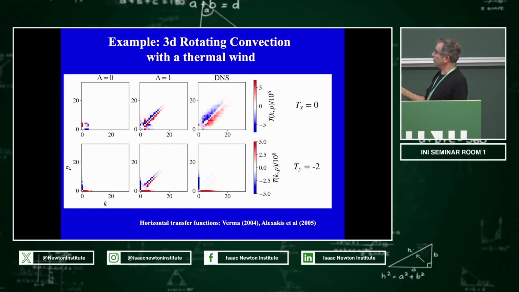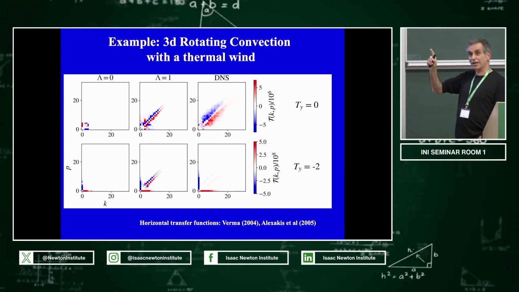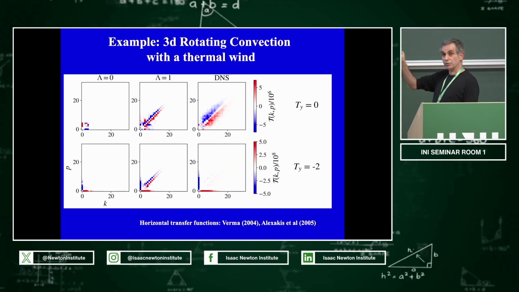What you can see is that when Ty equals 0, essentially all energy is transferred by local interactions. So there's a cascade, and it's really K and K plus 1: K putting energy into K plus 1, essentially all the way down. And this is impossible to capture in the quasilinear approximation.